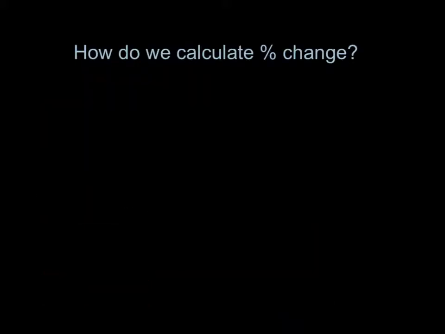Okay, the last thing we're going to talk about in this hint is how we calculate percent change for elasticity purposes. You are probably used to calculating percent change in this manner.